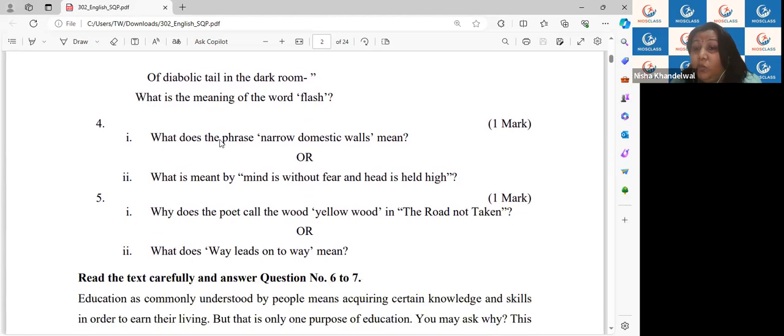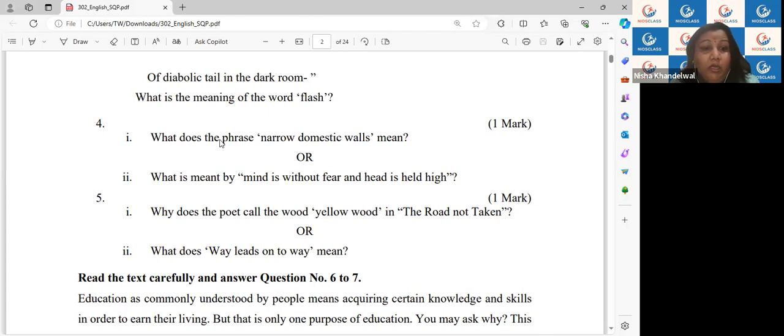So narrow domestic walls are representing casteism, religious superstitions, we can say, right? And casteism, society, and discrimination based on caste, religion, creed, complexion, it could be nationality, right? So these types of things you need to say.